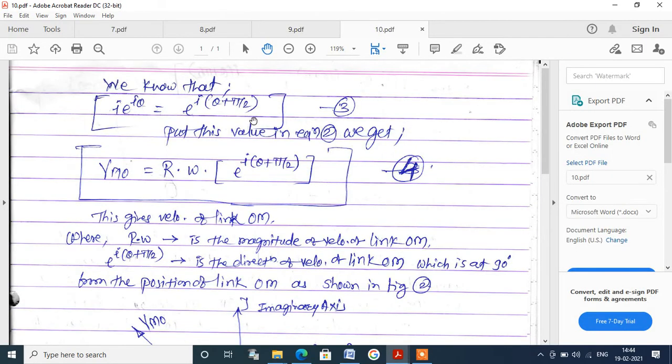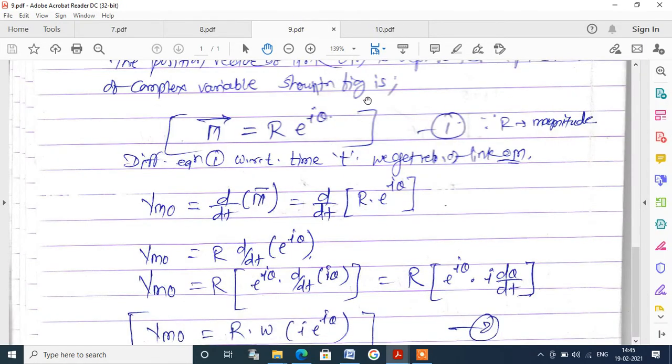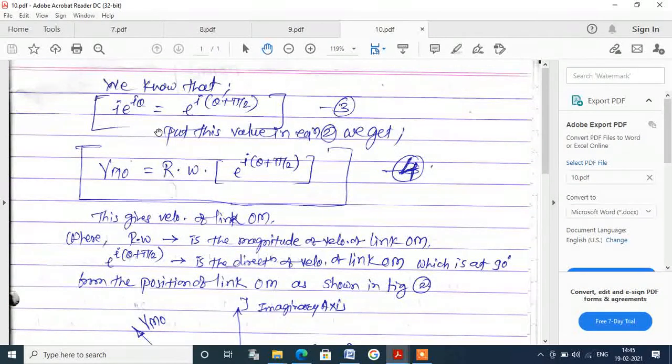Now in a similar way we can find out acceleration also. So before that we know that i e raised to i theta can be written as e raised to i theta plus pi by 2. So put this value in this velocity equation, we get R omega e raised to i theta plus pi by 2. This gives the velocity of link OM.